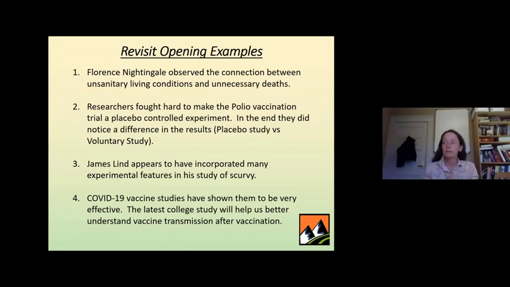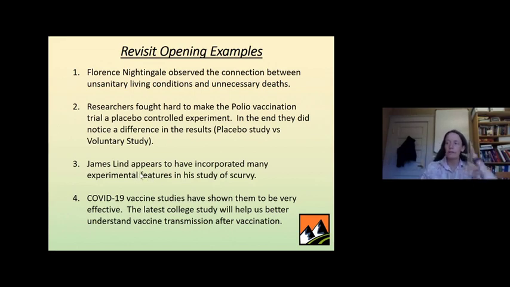The researchers that fought hard to make the polio vaccine were going to just do an observational study, but they fought hard to do a controlled experiment where they did actually assign a placebo group and a polio vaccine group. They of course allowed the polio vaccination later, but they actually did a controlled experiment to get a placebo vaccine in there.